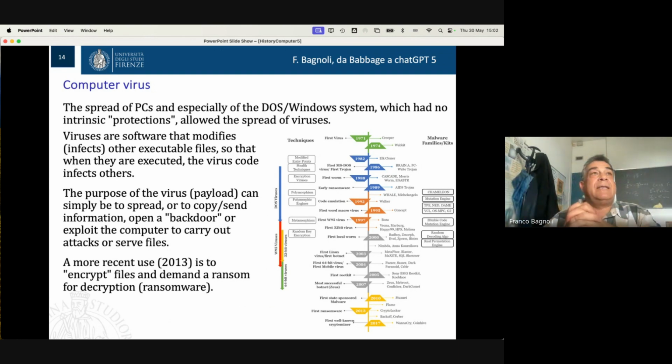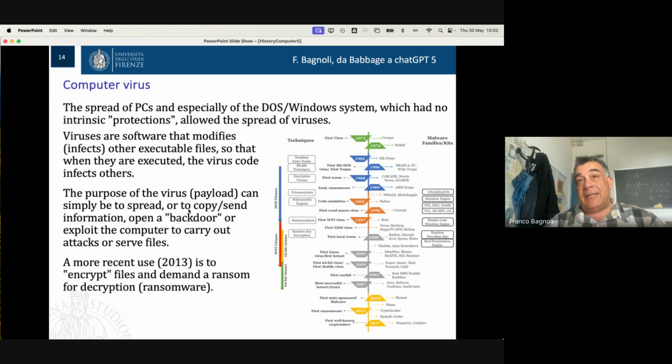For instance, it can be used for launching a denial of service attack. When you have contaminated a sufficiently large number of computers, you can have a bomb that says, okay, at that time every copy of the system connects to a given service, so that the service goes down, like for instance a web service.